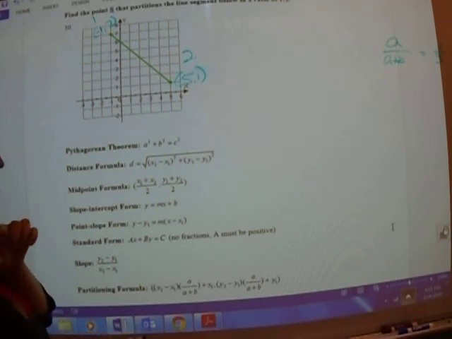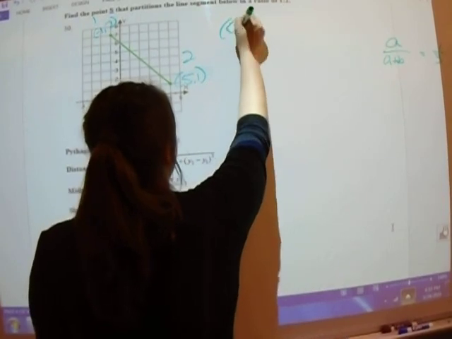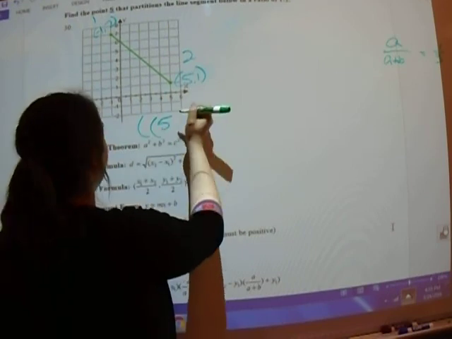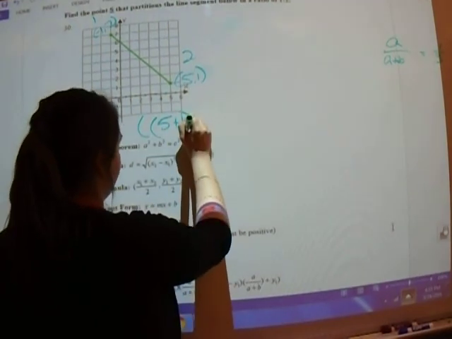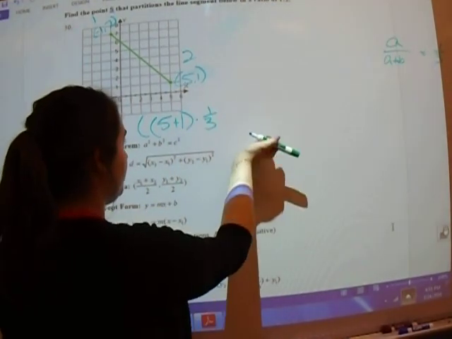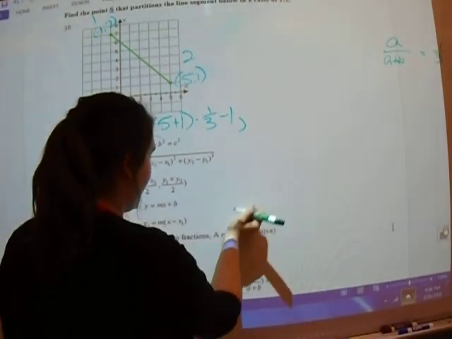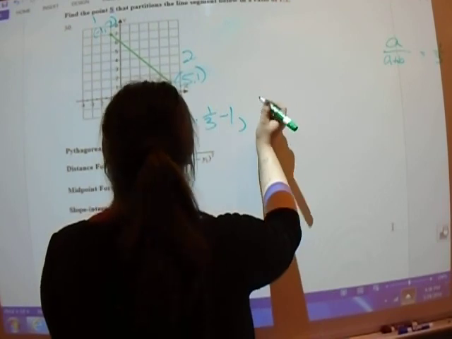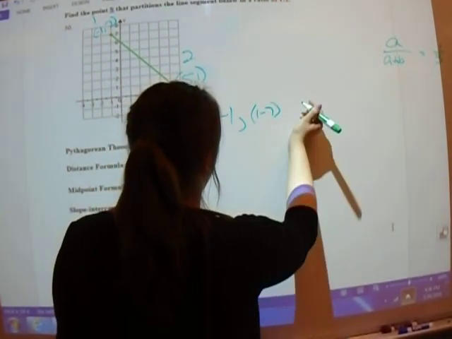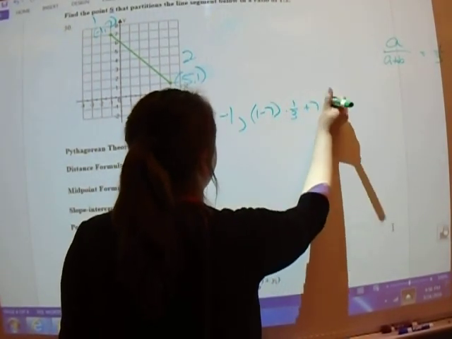All right, so what we're going to do is plug it into the formula. So we do 5 plus 1, in parentheses, times 1/3, minus 1, now comma, let's see, 1 minus 7, times 1/3 plus 7, okay?